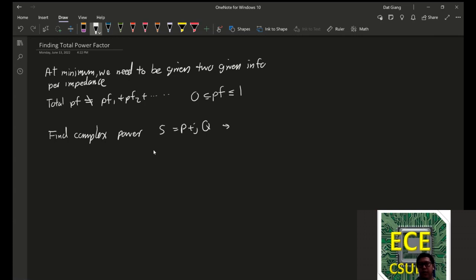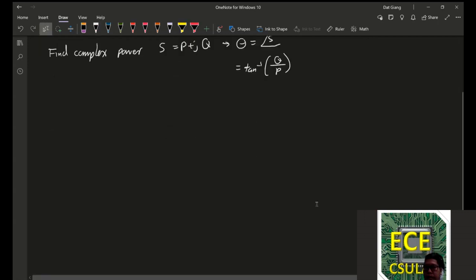Because the angle of the power factor is theta. So it's the angle of S, which is equal to tangent inverse of Q divided by P. And there you go. That's just what we need to do as a goal. So let's do that.